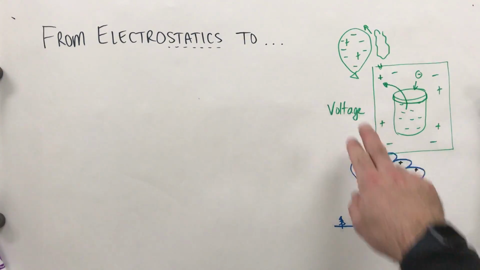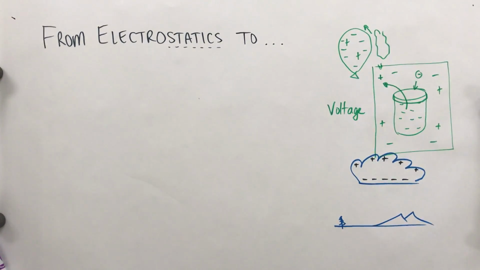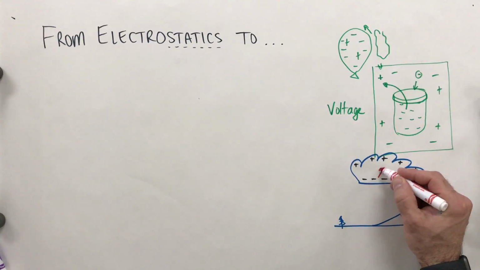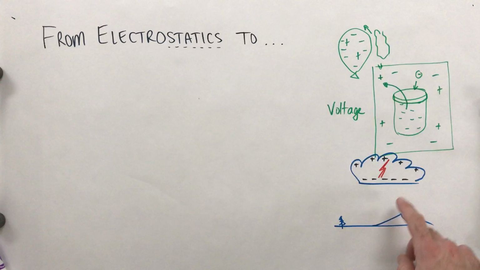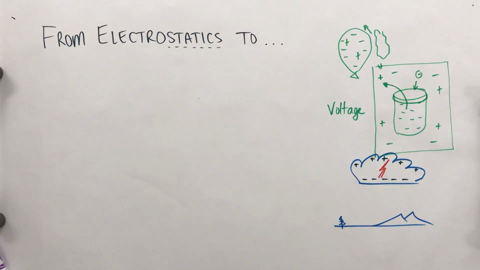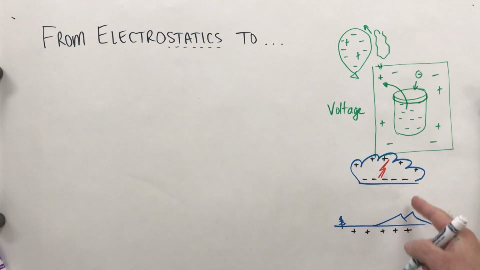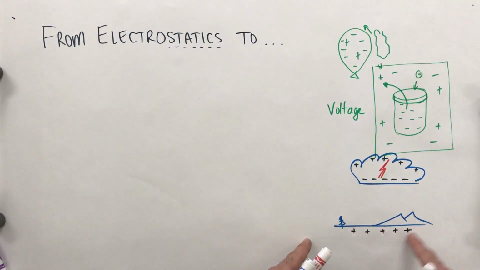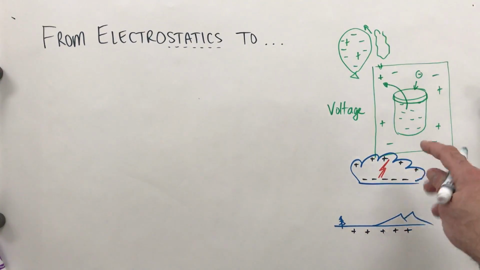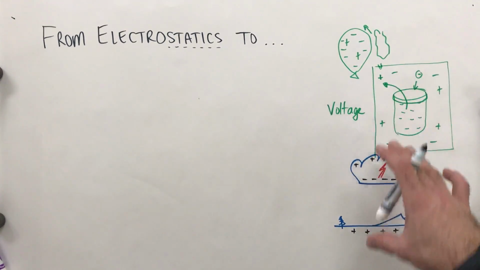If the voltage builds up great enough, then you can actually have a discharge of charges from one place to another. So you could have lightning within the cloud. Or this very negative bottom of the cloud could induce a positive charge in the ground. And what I mean by induce is that the presence of all these negatives is going to push electrons that are in the ground away, and then you have this voltage created, this desire for charges to rebalance, okay?